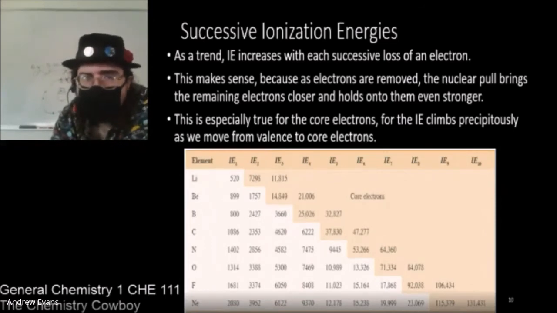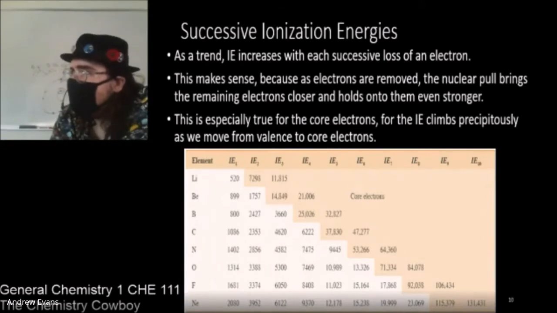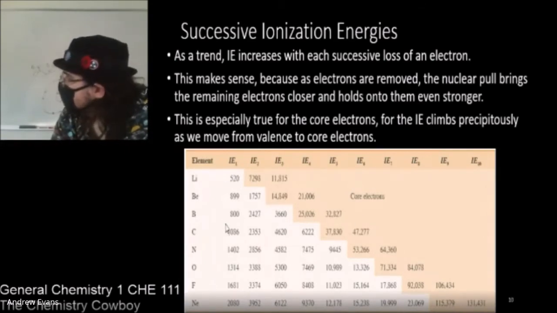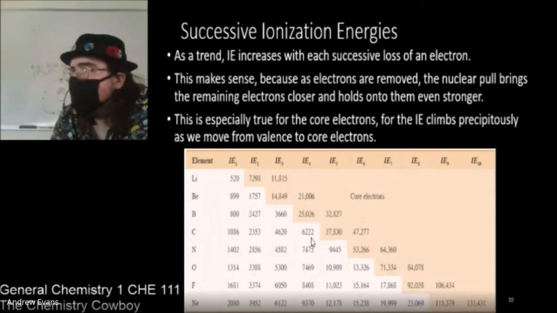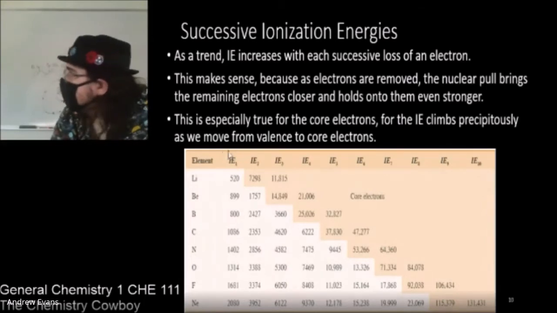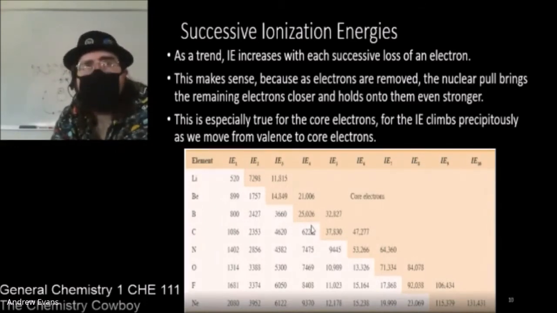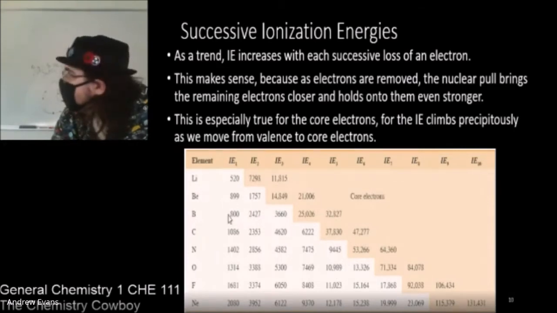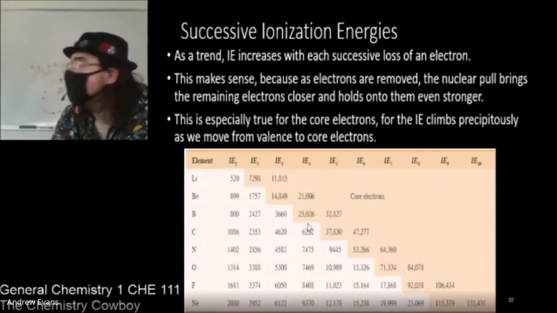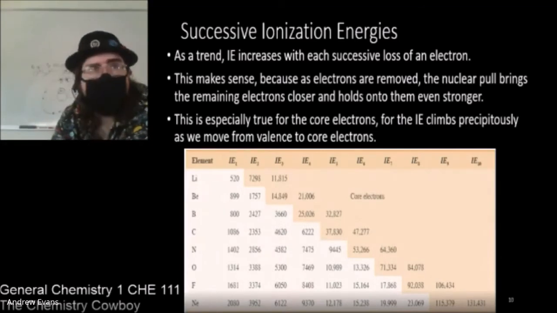So one thing you should be able to do, there is a question on the homework about looking at the ionization energies of an unknown atom. You could pick out what row this atom must be in. Because if I saw something that's 800, 2,400, 3,600, then jumps by a factor of 9 to 10, I know, oh, it can lose 3 electrons, so it must be in 3A or 13.